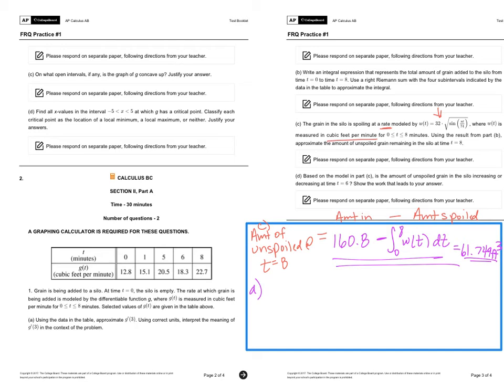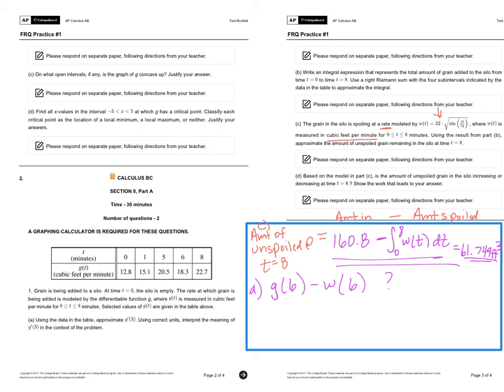Or in other words, I think this is an easier way to do it, is G(6), the rate that you're putting it in, minus W(6). Is that number positive or negative?